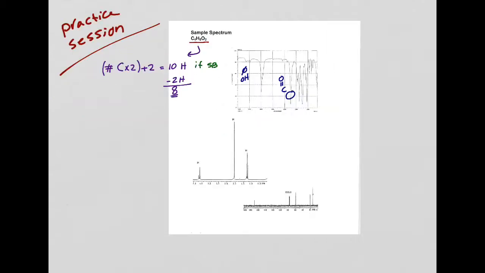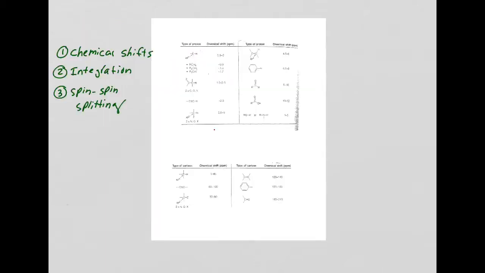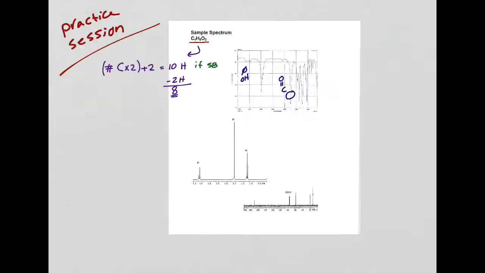And also keep in mind that NMR will give you a peak for each unique set of protons. That really matters because then we can confirm our structure by looking at how many unique sets of protons we have.